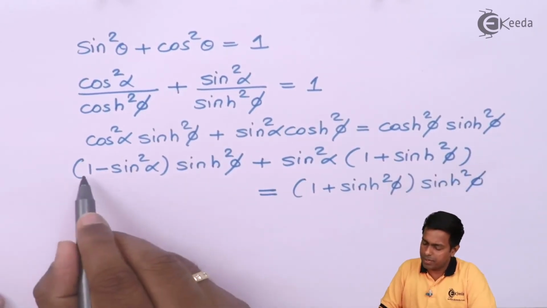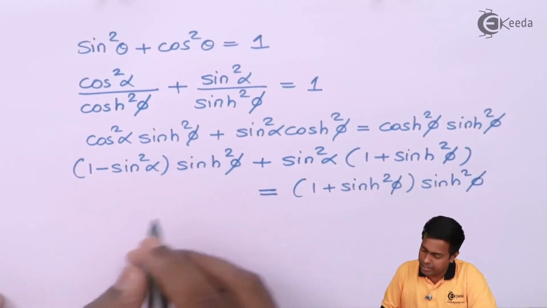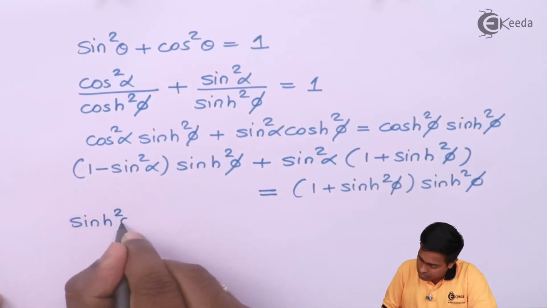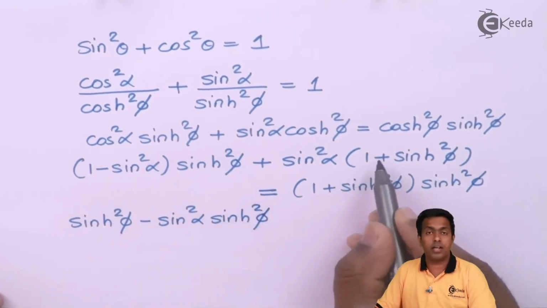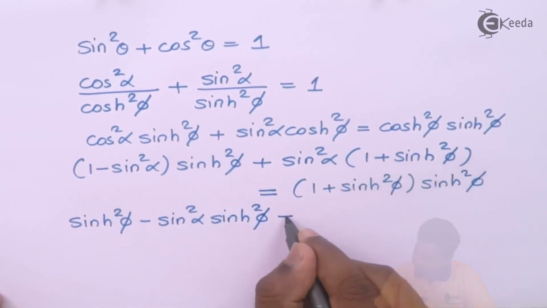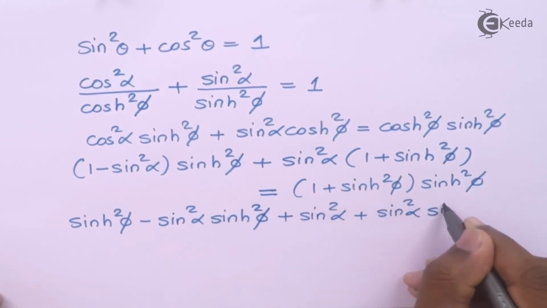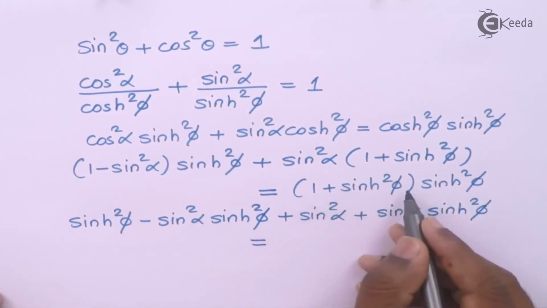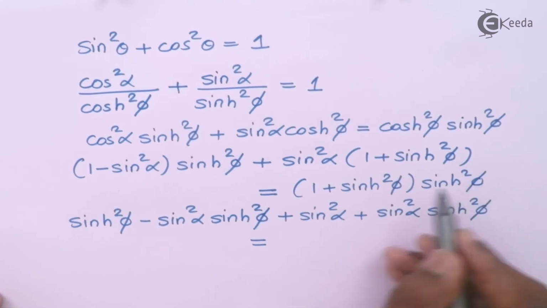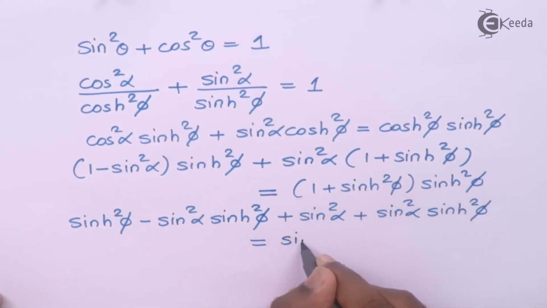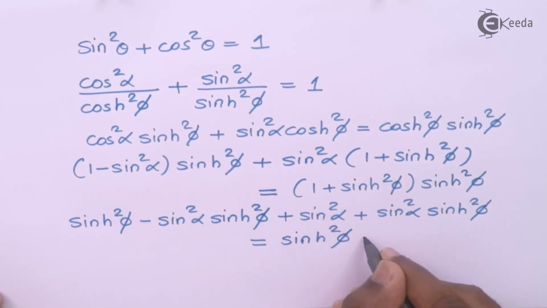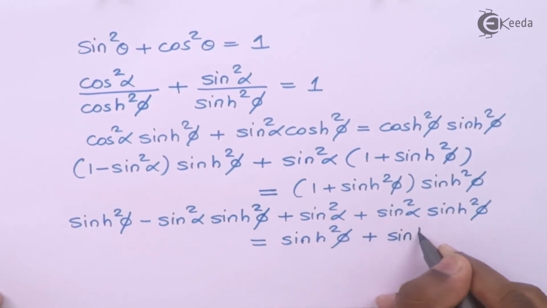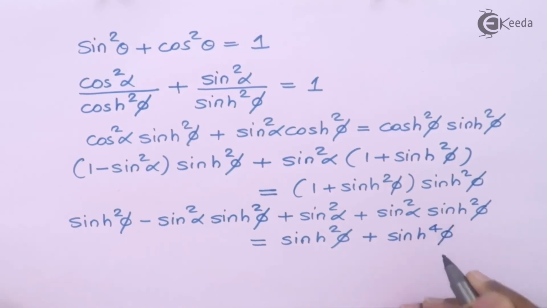Next, we'll multiply this bracket with hyperbolic sine square phi, we'll get, similarly we'll multiply this bracket, so we'll get on the right hand side this term into 1, so hyperbolic sine square phi plus hyperbolic sine raised to 4 phi.